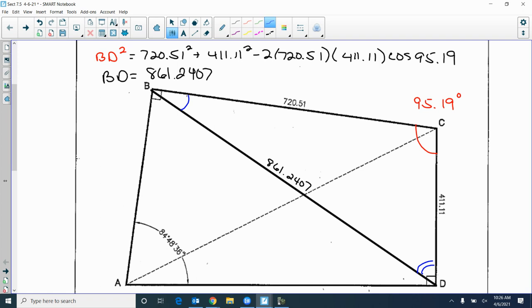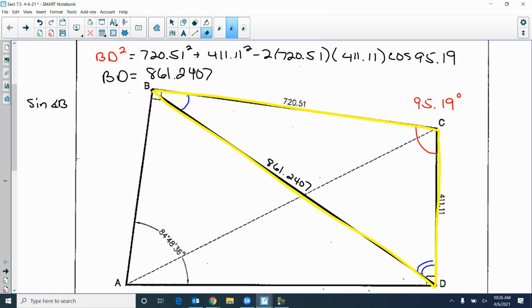And so using this triangle here, I'm going to use the law of sines, and I'm going to state the sine of angle CBD over 411.11 equals the sine of 95.19 over 861.2407.